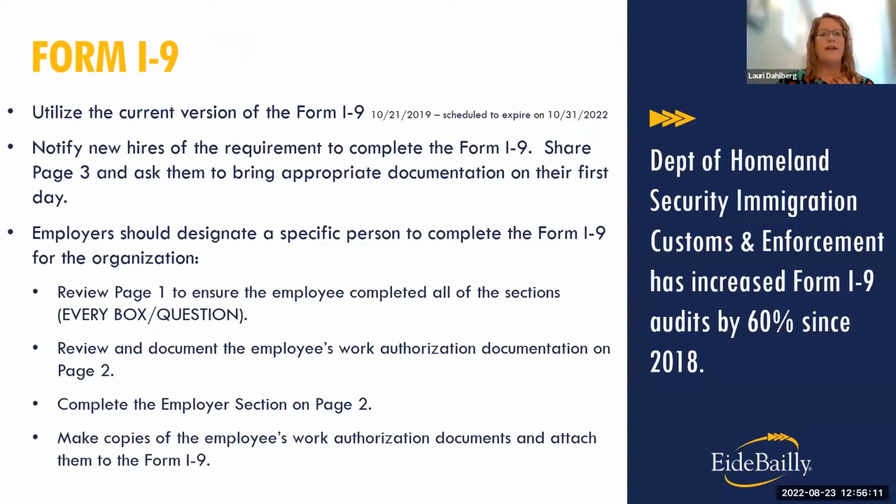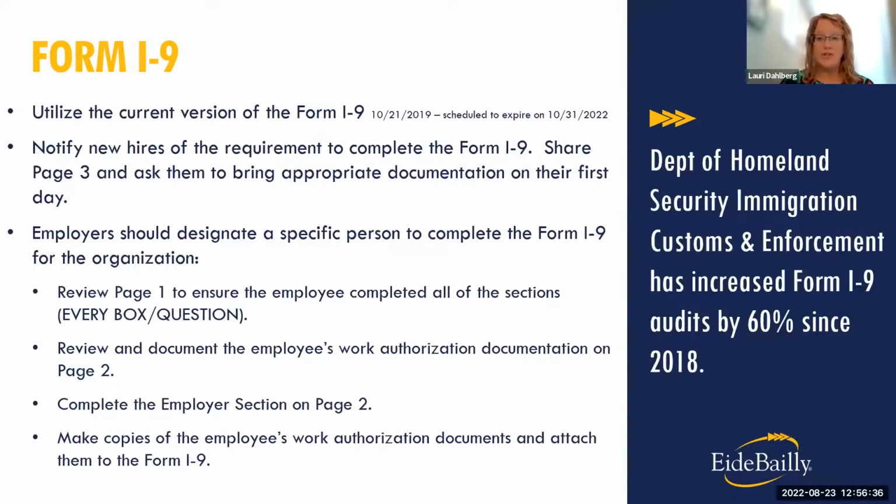With the Form I-9, I think it's important that you understand some basics here. You want to make sure that you're utilizing the current version of the Form I-9. I-9s have expiration dates. However, usually those dates come and go. We are expecting a new version of the Form I-9 on October 30th, or actually on November 1st of 2022.